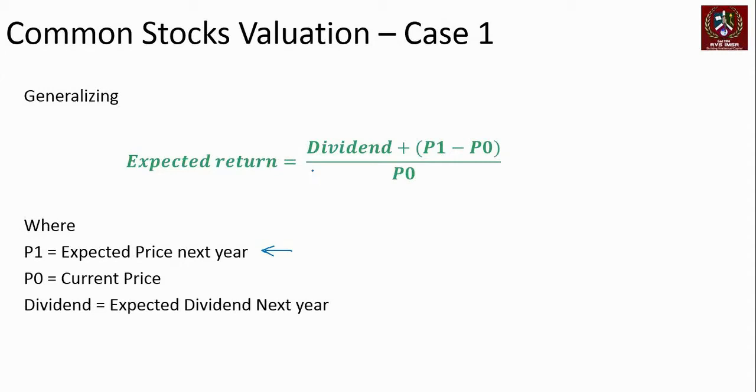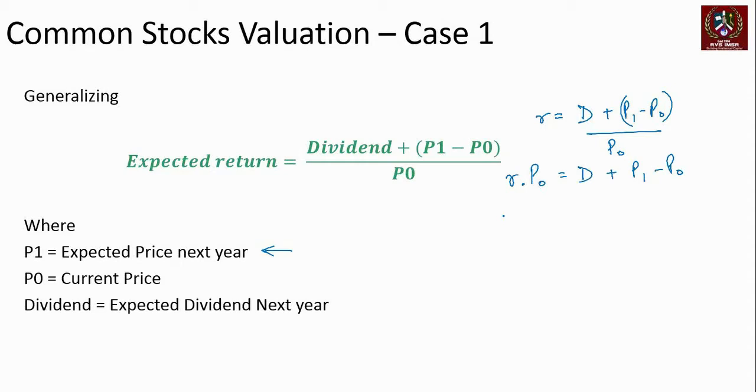We are saying that the expected return R is equal to the dividend D plus P1 minus P0, divided by P0, correct? Let's do some basic mathematics on it. I'll take P0 to the left hand side. So this becomes R multiplied by P0 is equal to dividend plus P1 minus P0.